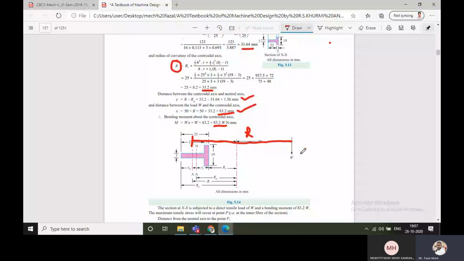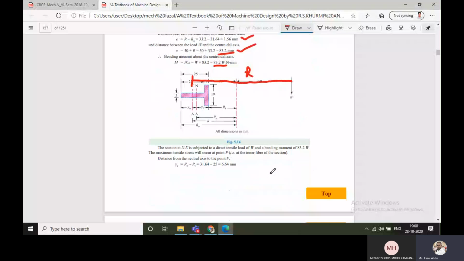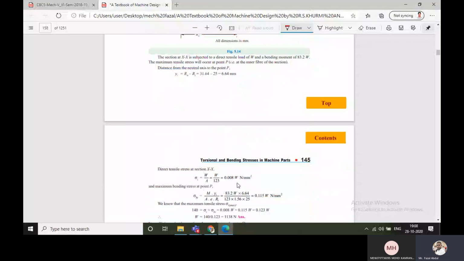Now the question is to calculate the W value. To calculate the W value, the process is: tensile stress is equal to load by area, that you calculated. Now bending stress, which I have just shown here.